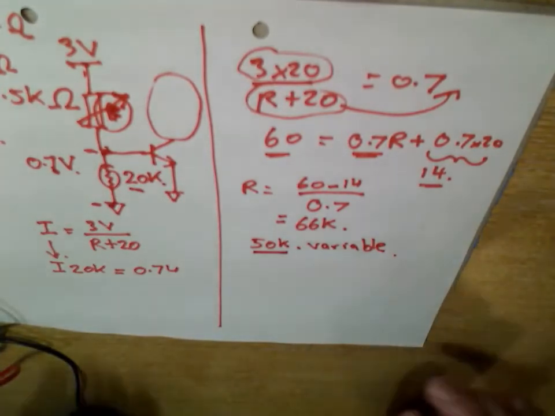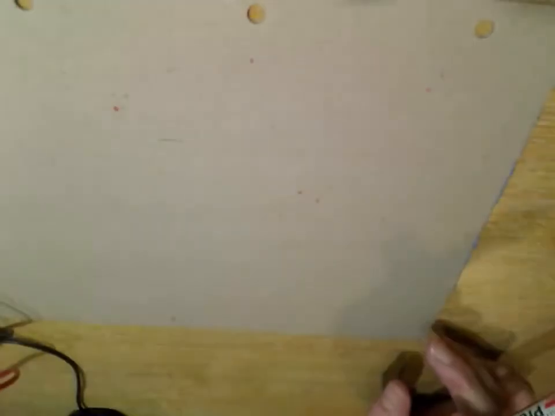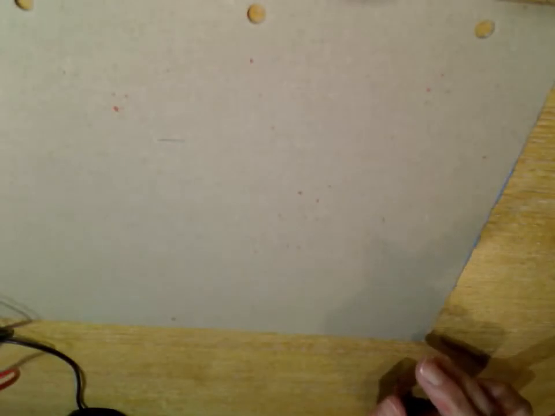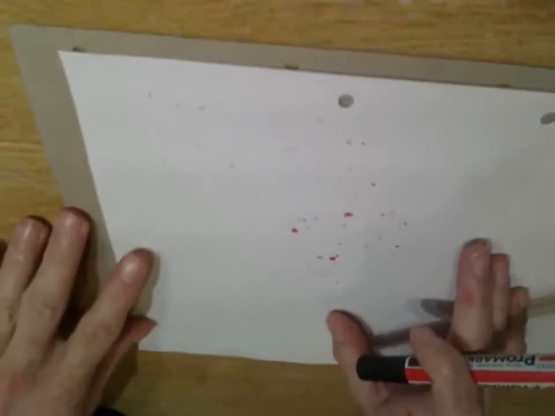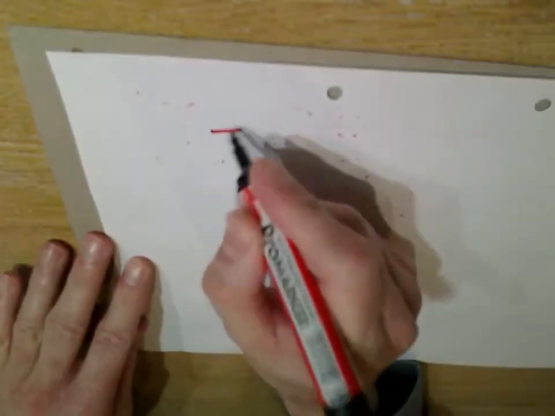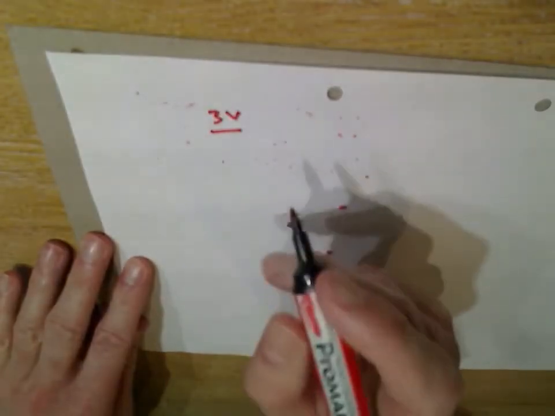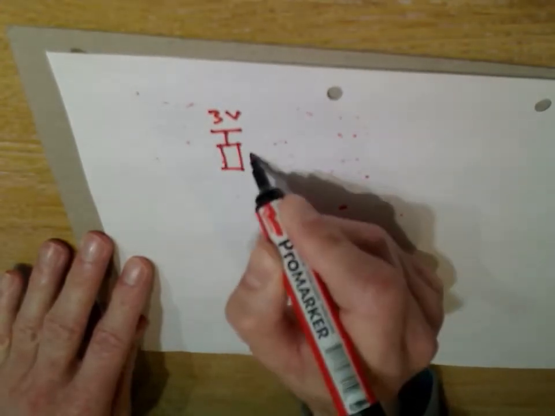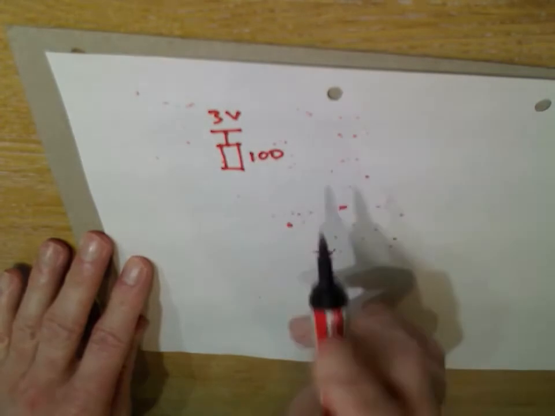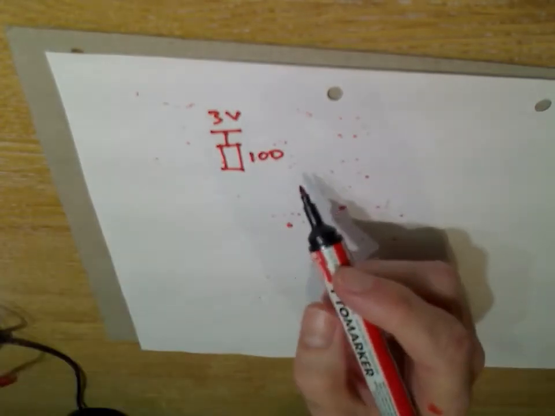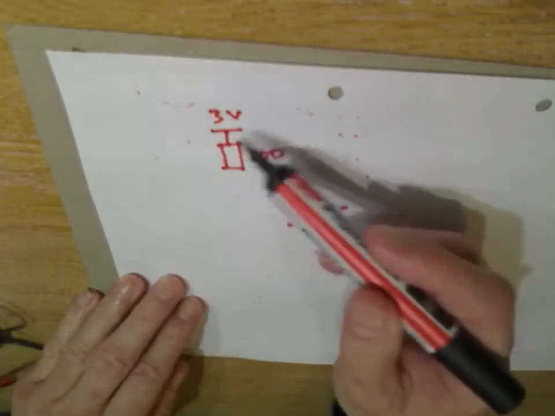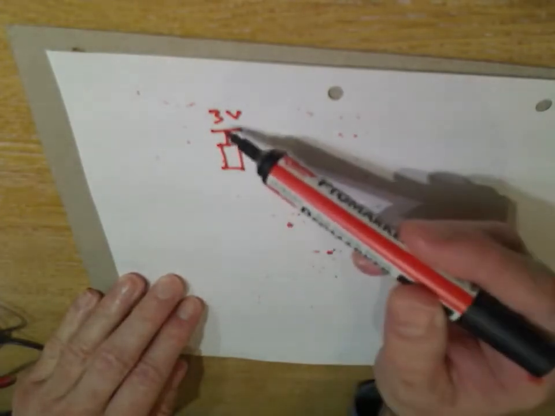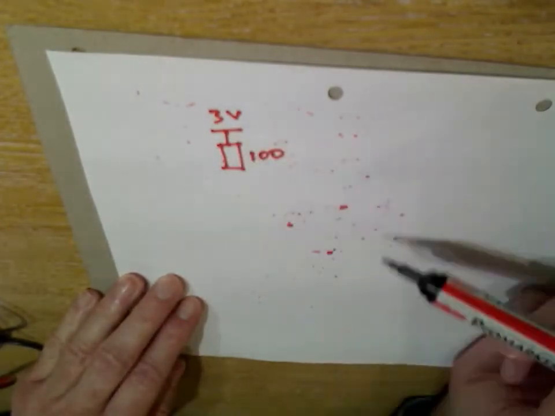So let's sketch out our circuit then in a bit more detail. We have 3 volts. I like to put in something like a 100 ohm resistor to stop too much current flowing through the circuit.